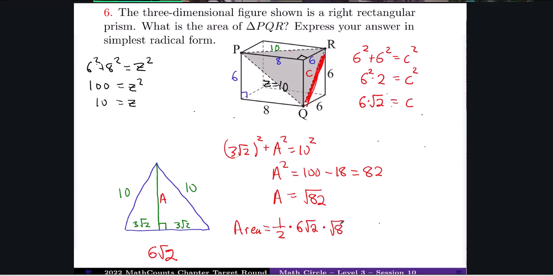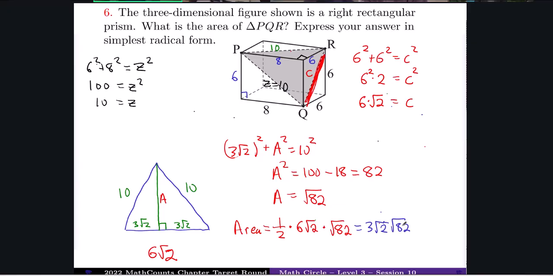This is root 82. Now, this is a little bit ugly, and this is not in simplest radical form. They want you to write the number as nice as possible. So I could initially divide the 2 into the 6, which would give me 3 root 2 root 82. Now, note, in root 82, I don't have any square factors, but I do have a factor of 2.